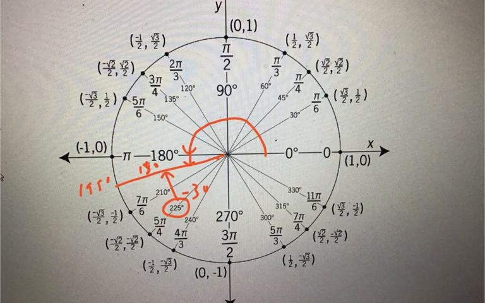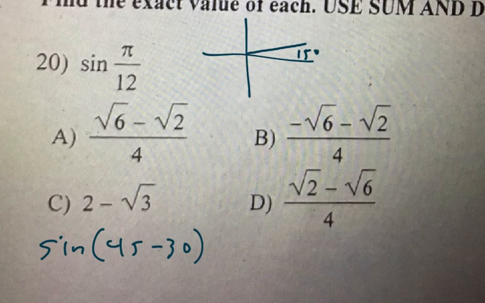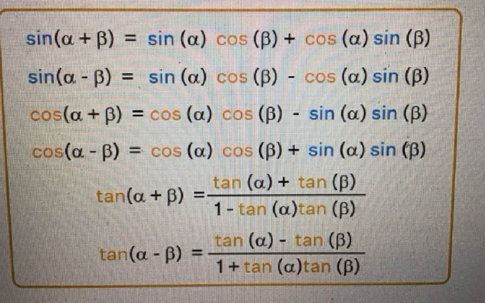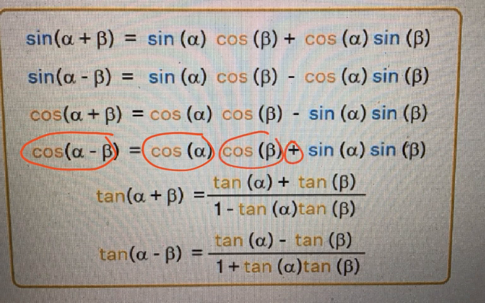Now, other combinations will work, but to save time, hopefully you agree, I'm just going to take 225 minus 30. So, what do we know about cosine of a difference? Hopefully you're allowed to just reference it. You don't have to have it memorized. But the cosine of a difference is just cosine cosine plus sine sine.